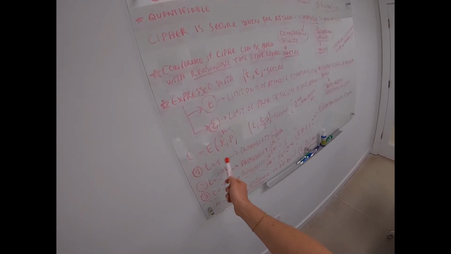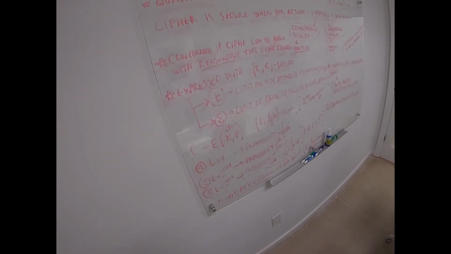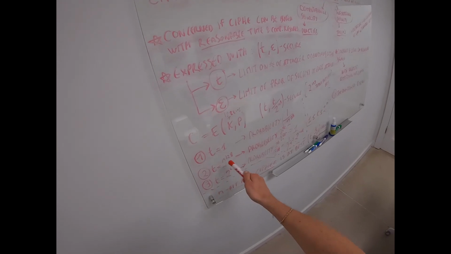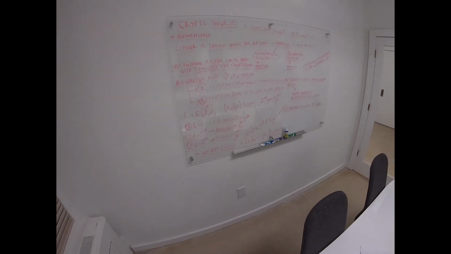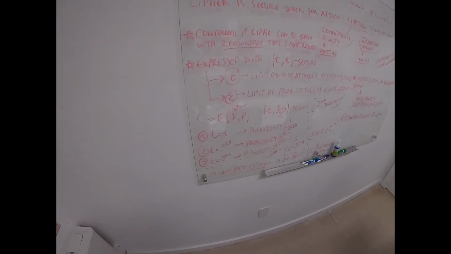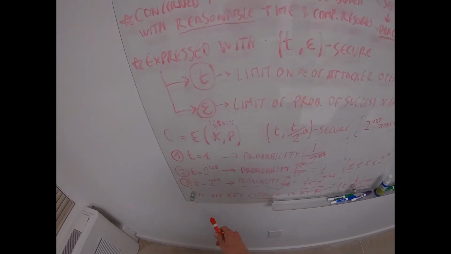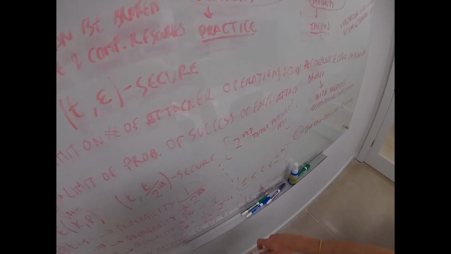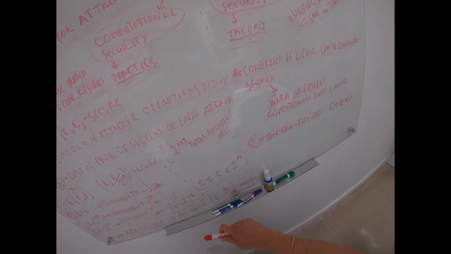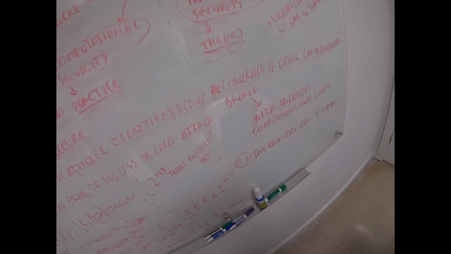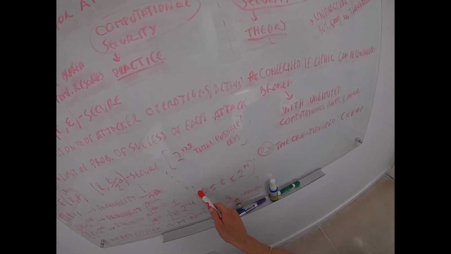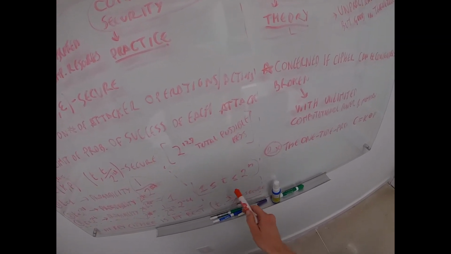If we mount an attack of only one try, or an attack with all tries or with half the tries, we see how things change, and we generalize everything into this concept that an n-bit key cipher is at best T over 2 to the n secure. Okay? T can only be between 1 and 2 to the n.